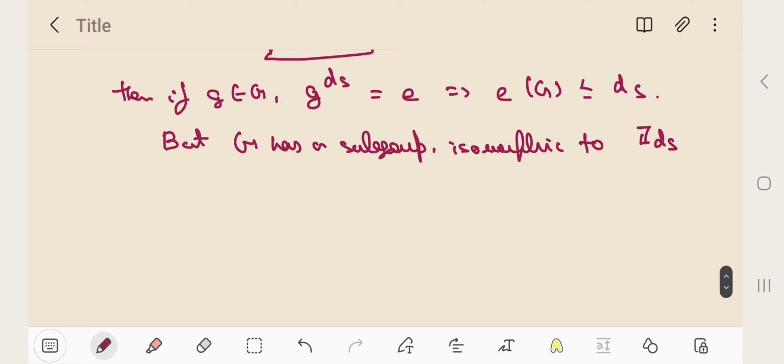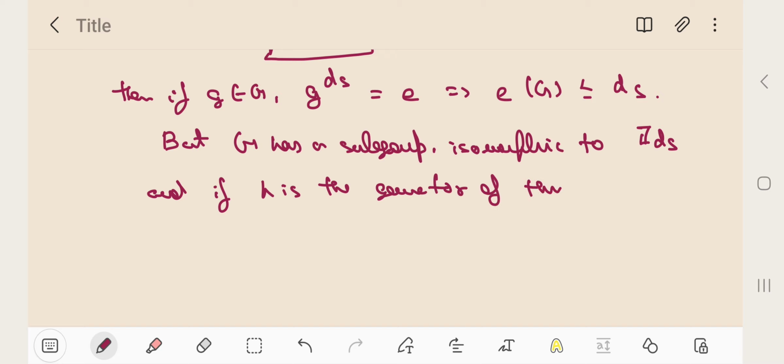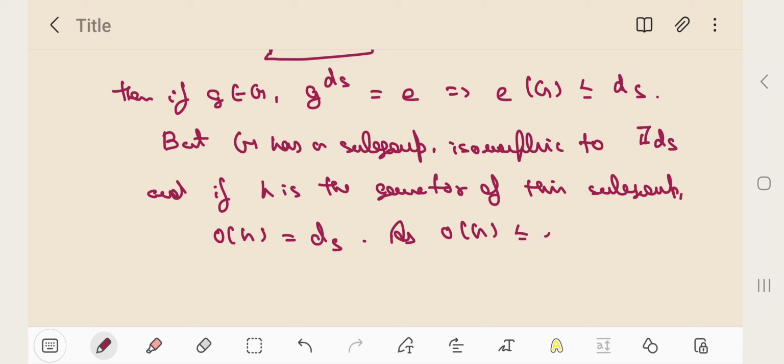So it is a subgroup isomorphic to Z_ds, and if h is the generator of this subgroup, then by definition of a generator, the order of h must equal d_s. But we know that the order of h must be less than or equal to the exponent of G, because by definition of the exponent, h to the power of the exponent of G will be 1.